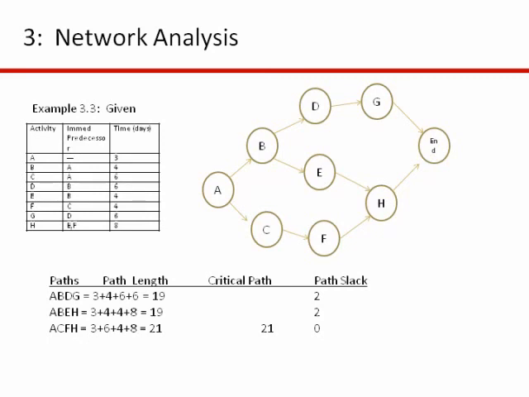For the first 2 paths, the path slack is the 21 critical path minus their duration of 19. And so you get a 2-day slippage that the path can slip by 2 days without it really affecting the overall duration of the project. Okay, so questions on this example?